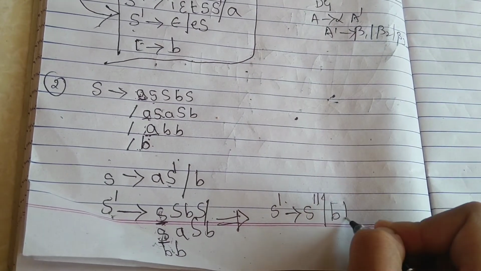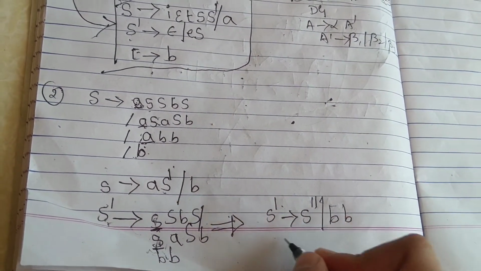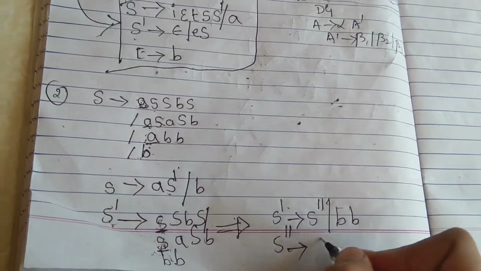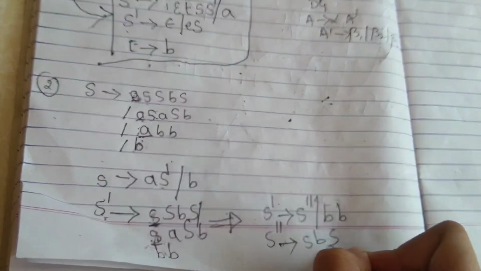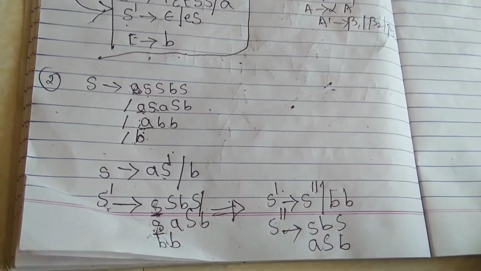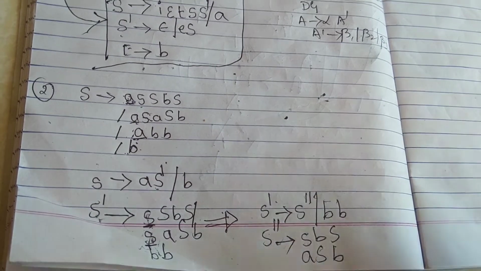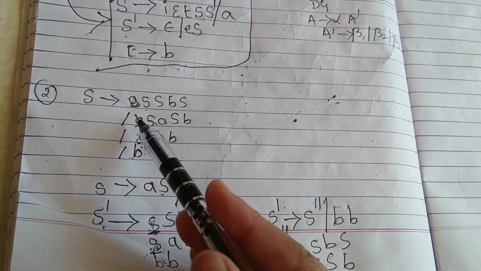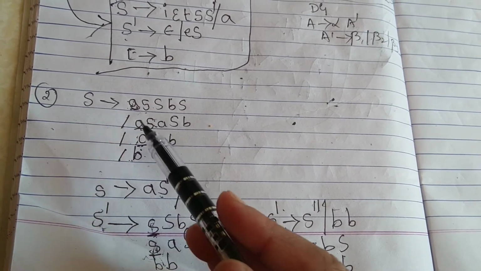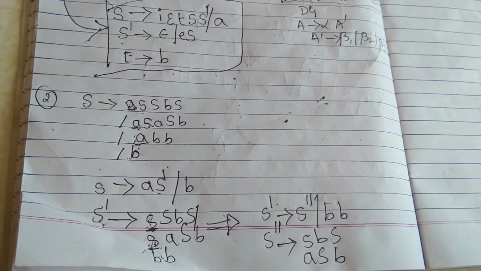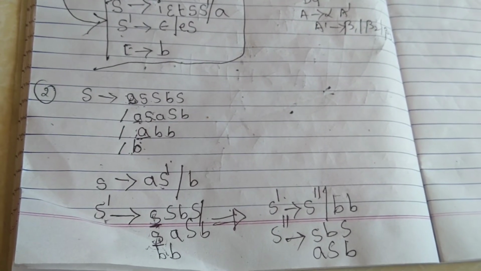The b part I will write as it is. So now where S dash is given with the next, S b S or a S b. We can write it like this. Either we may consider a S directly or just one letter, and we go on removing the common prefix. So this is one more example.